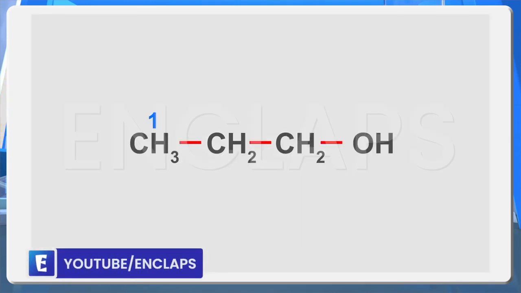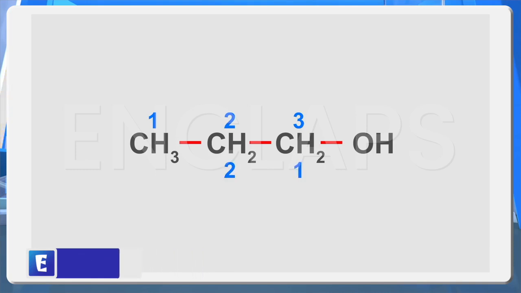So what is the name of the first alcohol? When we number from left, the carbon atom having the functional group gets the number 3. And when we number from right to left, the carbon atom having the functional group gets the number 1. So the numbering from right to left is proper.